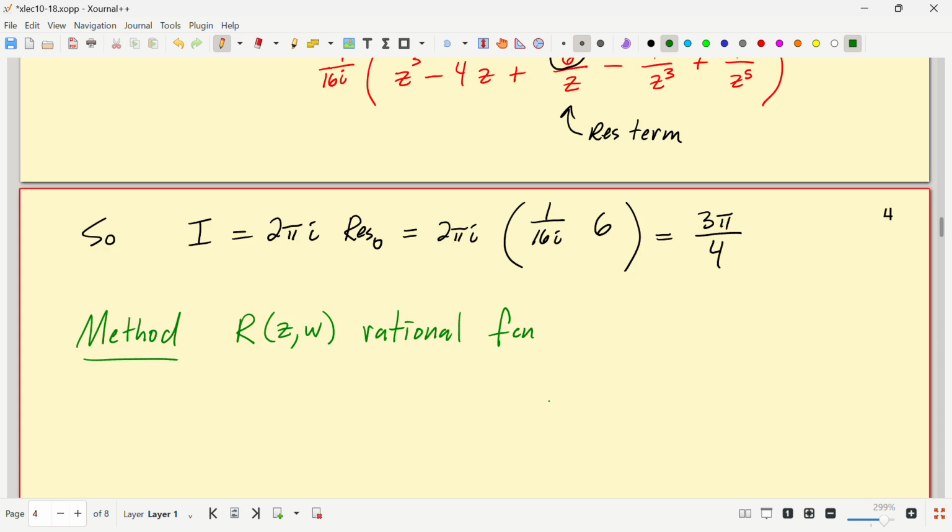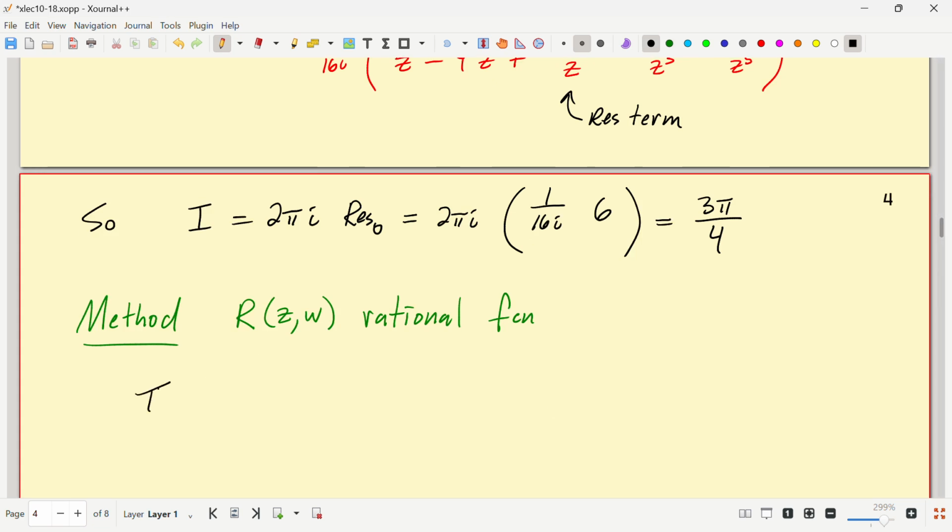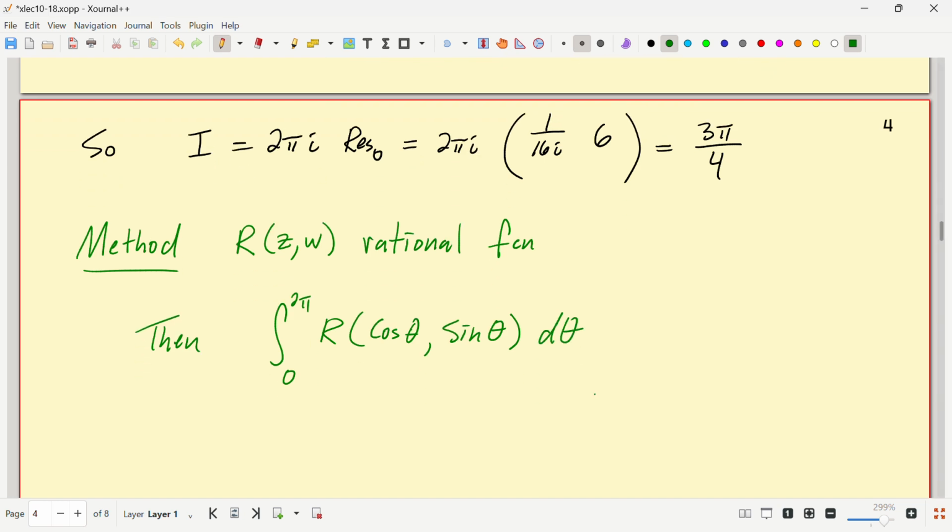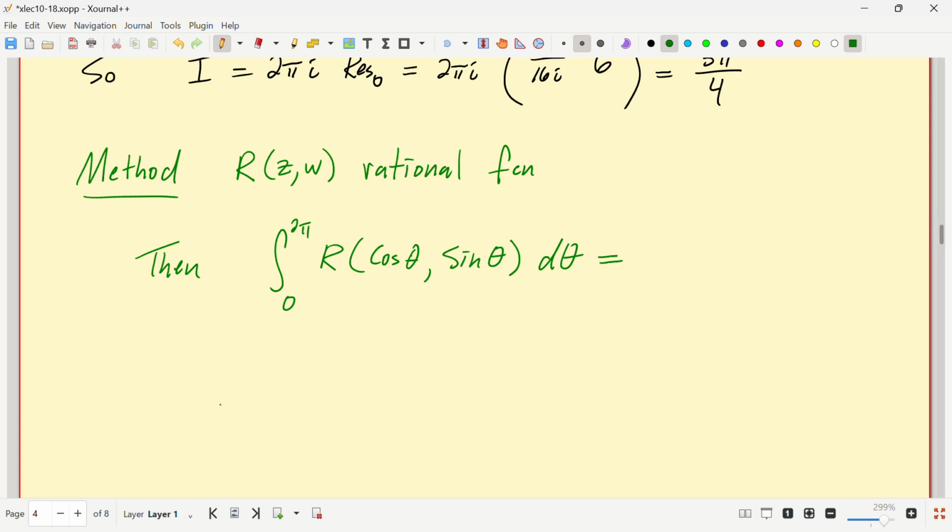Then the integral from 0 to 2 pi of the rational function of cosine theta, sine theta, d theta, is equal to the integral around the unit circle of, remember, cosine theta would be z plus 1 over z over 2, and sine theta was z minus 1 over z over 2i.